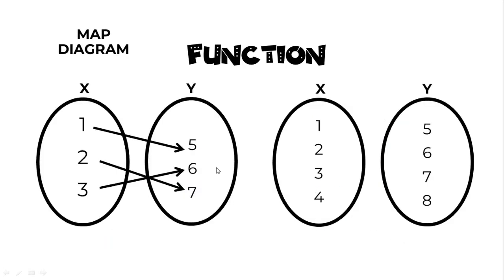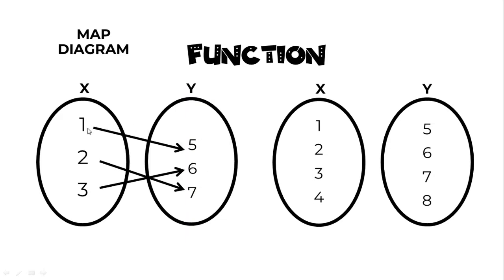Dumako naman tayo sa examples sa map diagram. Sa first example natin, dito sa ating domain, ang elements ng domain or x is 1, 2, 3. Ang elements naman ng ating range or y are 5, 6, and 7.